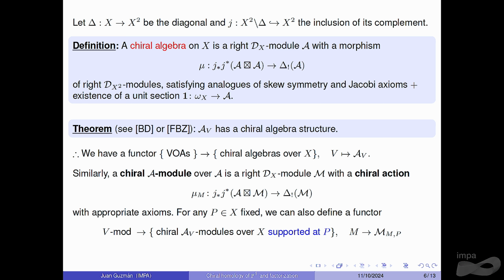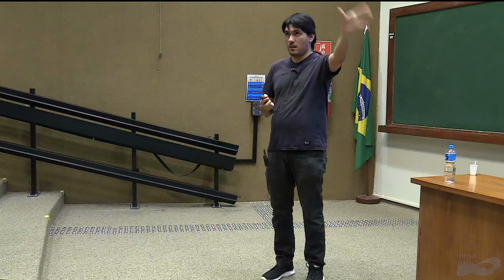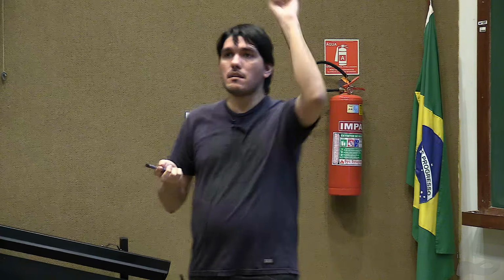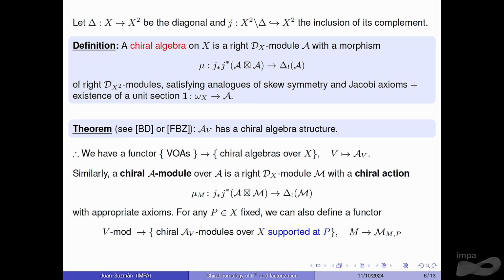So we have two geometric constructions. For the algebra, we get a sheaf over the curve with some chiral product. And for the modules, we have a way to insert them at the points, because when you think of a sheaf supported at a point, basically you only care about the fiber at that point. So that fiber is going to be the module itself, but now in this geometric setting.